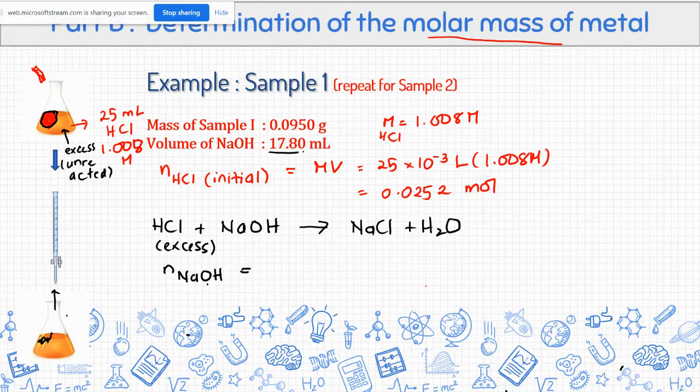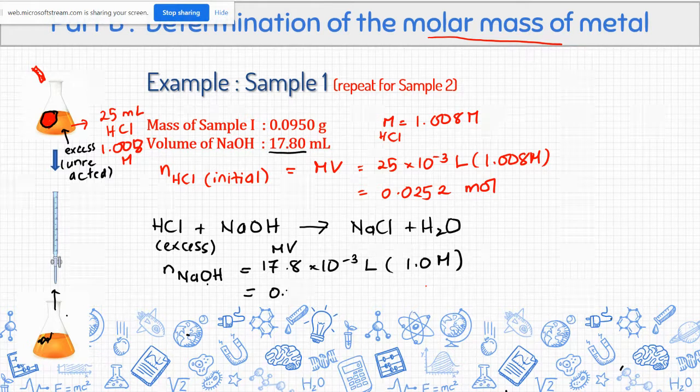In my case, my volume was 17.8 milliliters. So it's just M times V, times molarity, 1.0 molar, and you will get, in this case, 0.0178 mole. Just the same number.